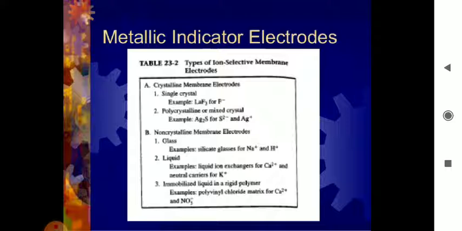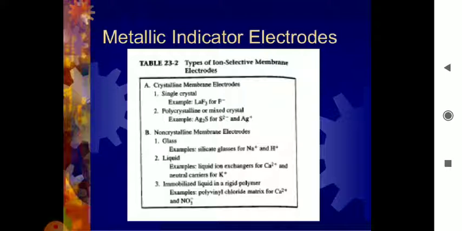Types of ion selective membrane electrodes are classified like this: single crystal, polycrystalline, or mixed crystal.